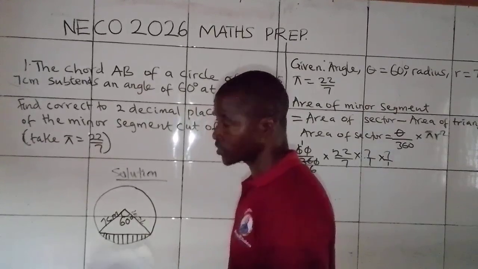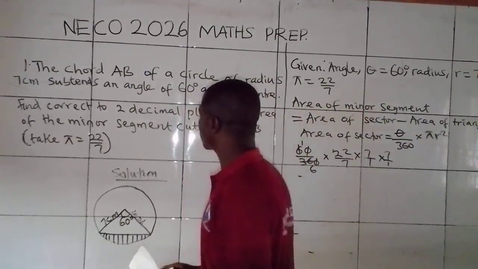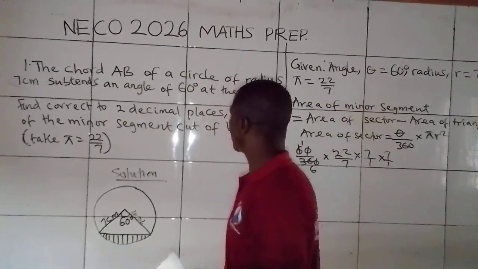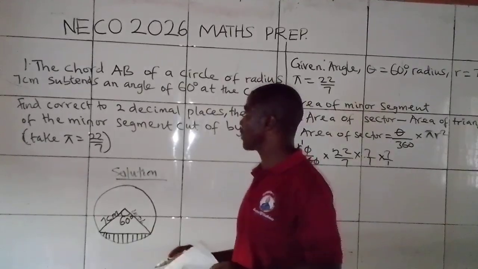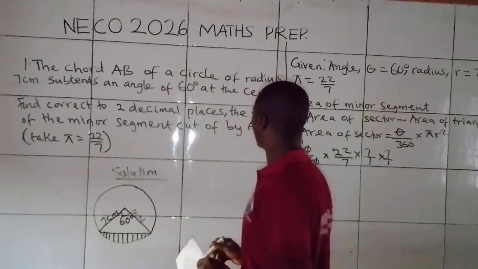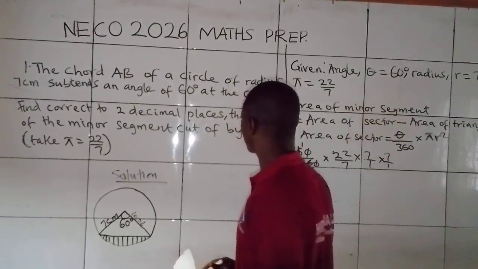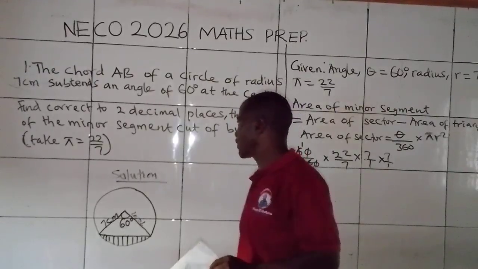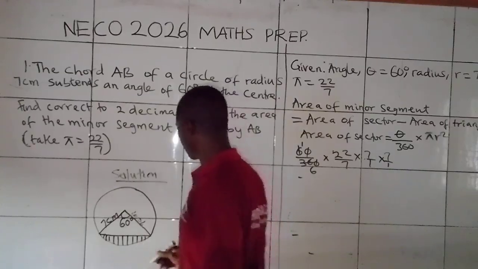Now, I picked this question from the first question. The question says, the chord AB of a circle of radius 7 cm subtends an angle of 60 degrees at the center. Find, correct to 2 decimal places, the area of the minor segment cut off by AB.